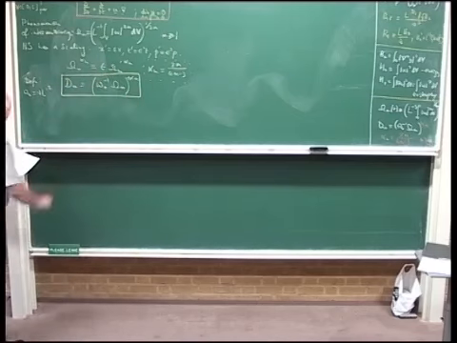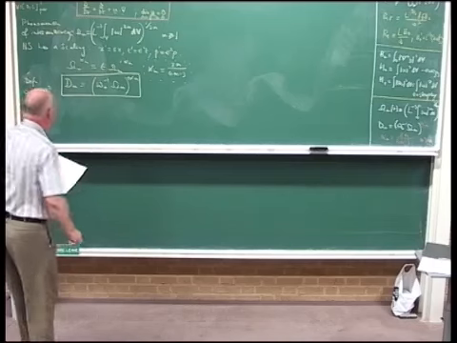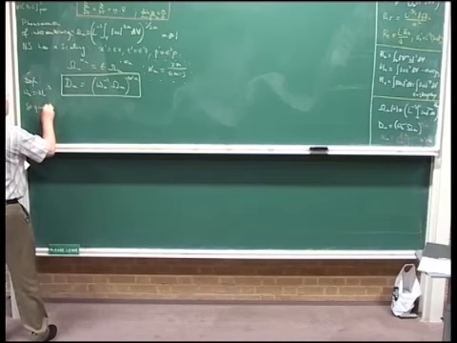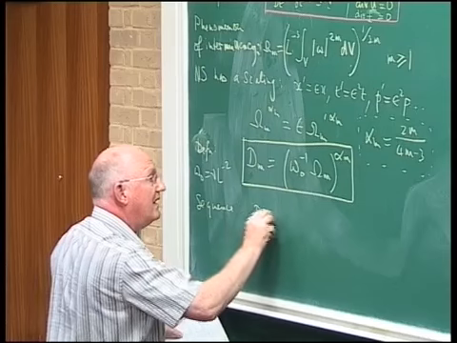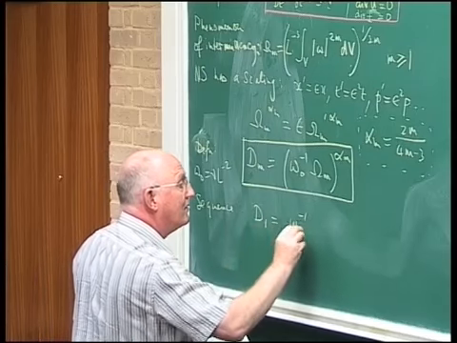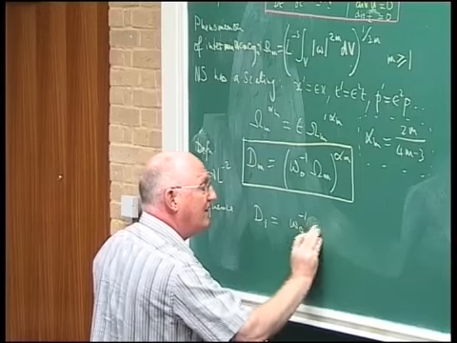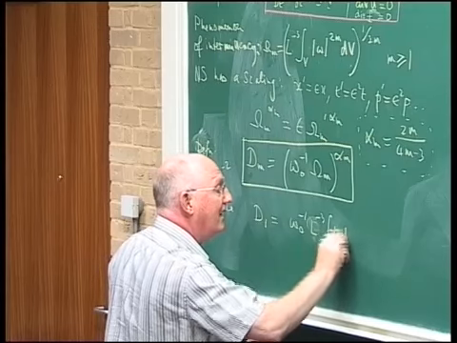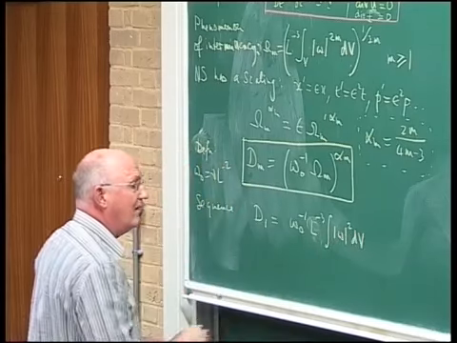Now, just as a remark, if I look at this sequence, D1 is omega naught to the minus 1, omega 1, which is, of course, L to the minus 3 integral omega squared. That's D1.